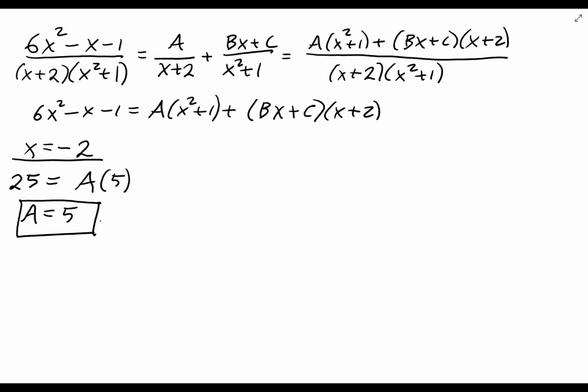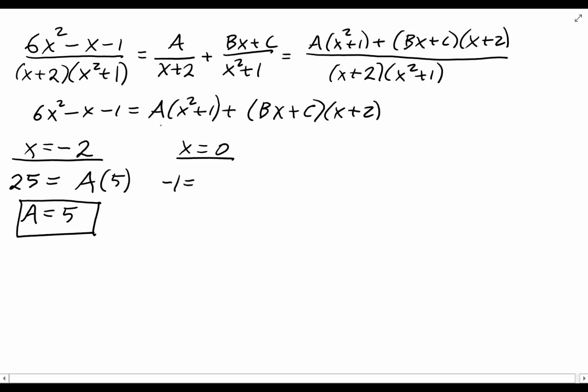Let's see, nothing else is going to disappear unless we plug in a 0, because 0 times that B will give us 0. Let's plug a 0 in and see what happens. If I plug a 0 into the left hand side, I get negative 1.